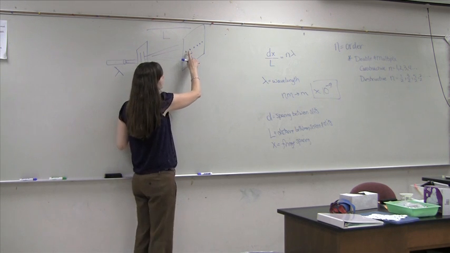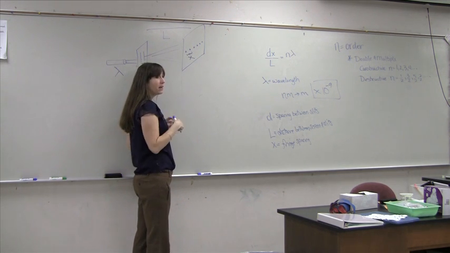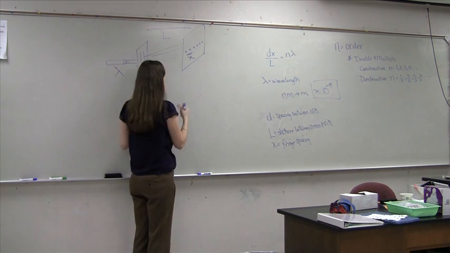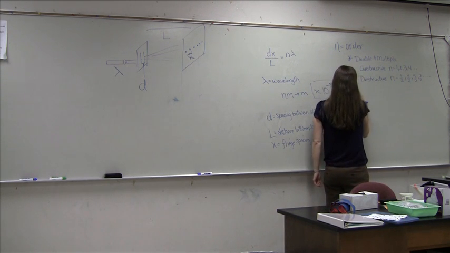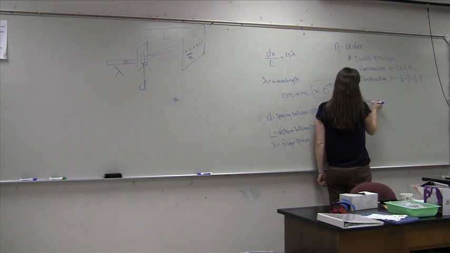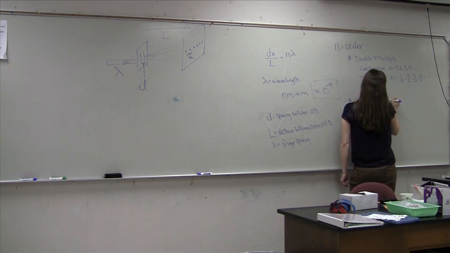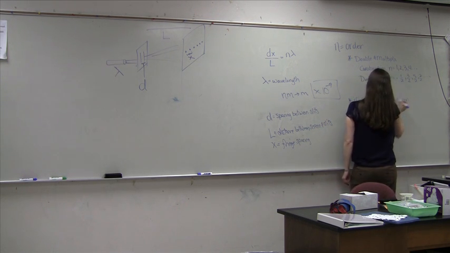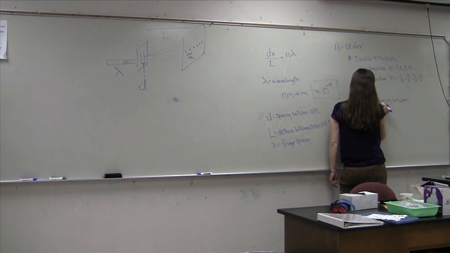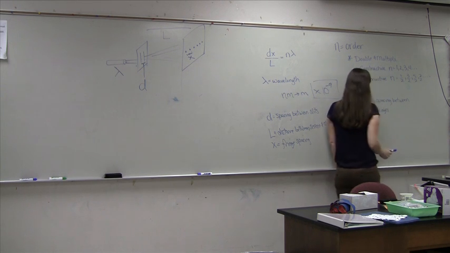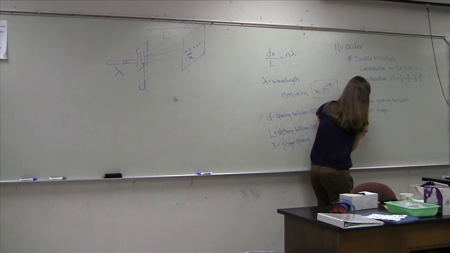Now, if I look at the spacing between adjacent dots, what's the N? If we know the spacing between adjacent fringes, meaning, here's the central maximum, here's the first order, here's the second order, here's the third order.